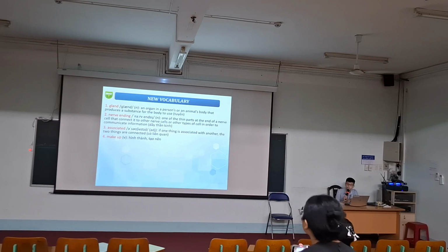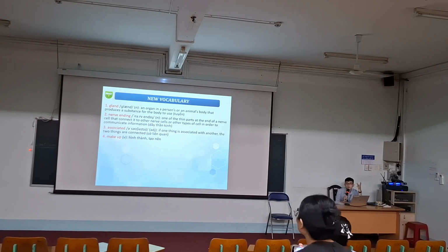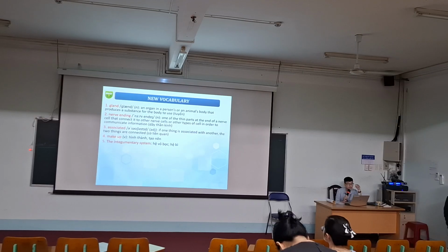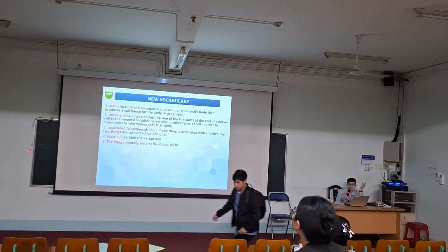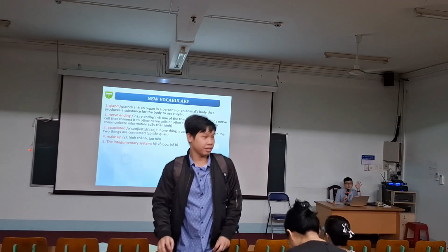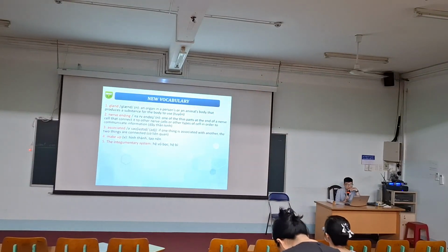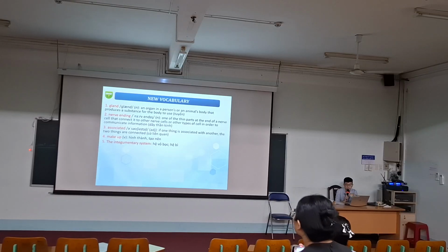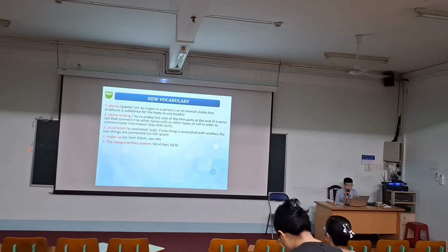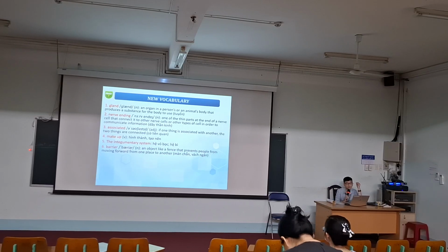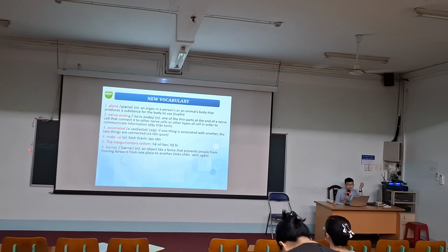Number 4, makeup. To hold something, establish, hold, makeup. So number 5, integumentary system. This is the medical term for the skin system. Integumentary system, skin system. Barrier, an object that prevents people from moving forward from one place to another.